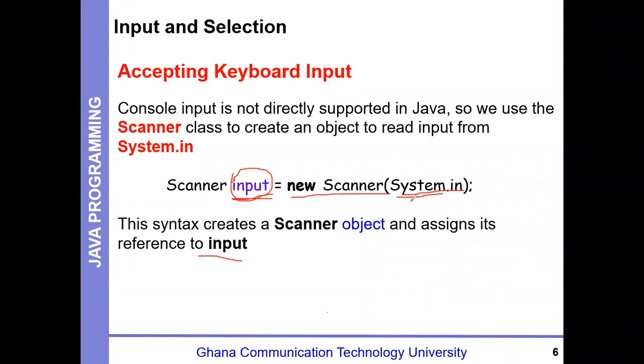Now we want this object to be able to take input. It's just like if I go back to Kofi's class, I want to create an object, Amma, that should be able to cook. So I can say Kofi's house, Amma, new Amma. Then I need to put into brackets what the person should be able to do. In this case it's cooking, but even cooking what?